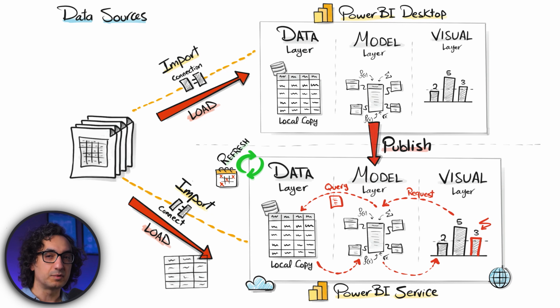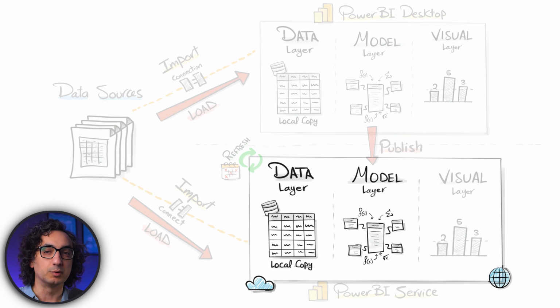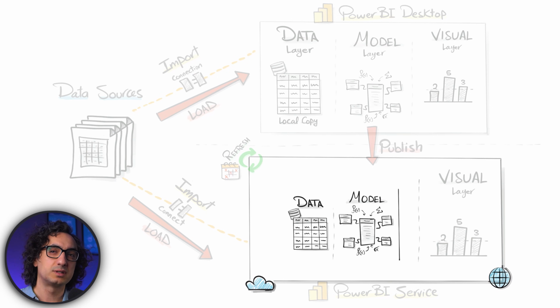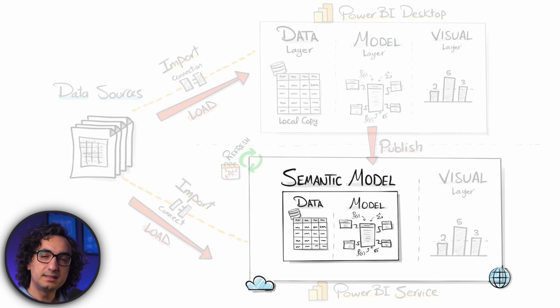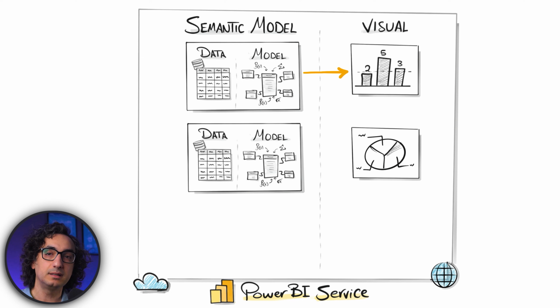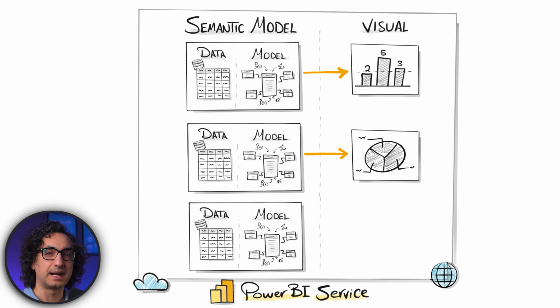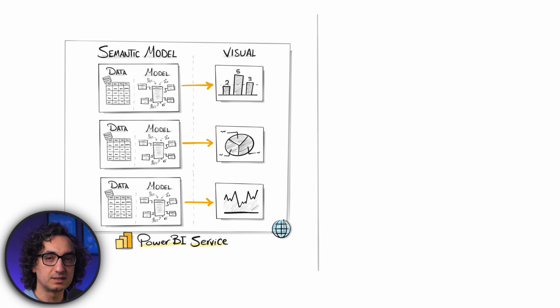And now here comes the most important point to understand. The data and the model, we call it a semantic model, and this is a shared one because you published it to the service. And now the thing is, each report needs a model behind it. And if you go and build a model from scratch for each report you are building, this is actually one of the worst practices because building the models always needs a lot of effort, and you're gonna end up repeating the same things over and over.